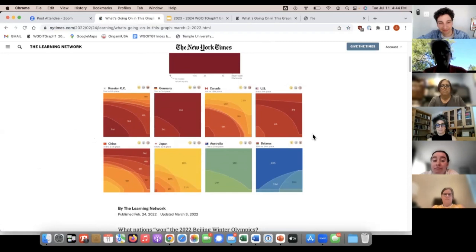But let me compare it to an English class. So how do you learn to read poetry? I mean, being someone who was very mathy, that was always a real challenge to me. Well, an English teacher gets you to learn how to read poetry by reading a lot of poems. And when you read a lot of poems, you get better and better. There is no one way to read poems.